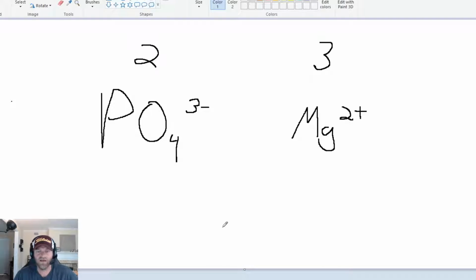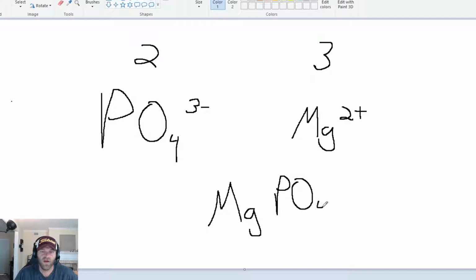Remember to write the cation first, so it would be Mg first, and then PO4. And if you want to show that I have multiple, you have to do it as a subscript. So there's 3 magnesiums, that comes in as a subscript here.